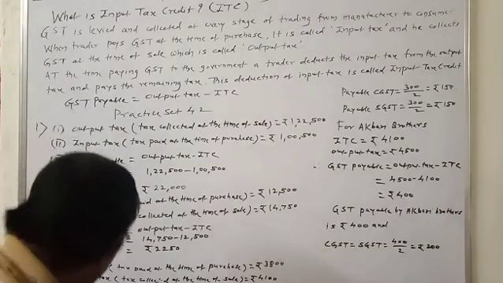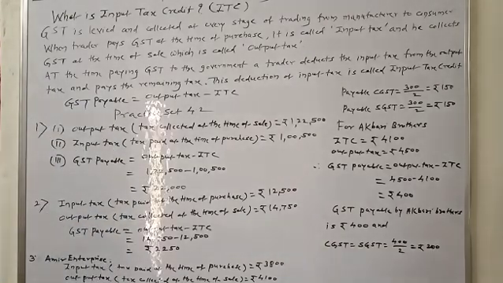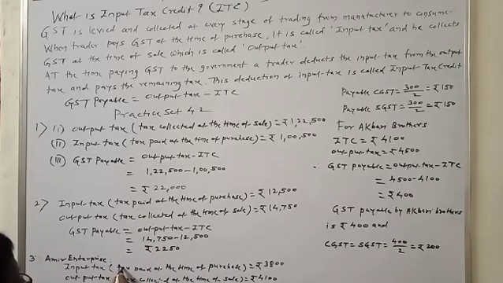Amir Enterprise: input tax paid at the time of purchase, rupees 3,800. Output tax collected at the time of sale, rupees 4,100.